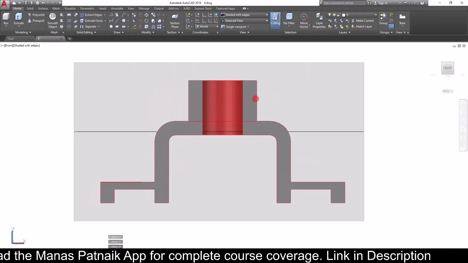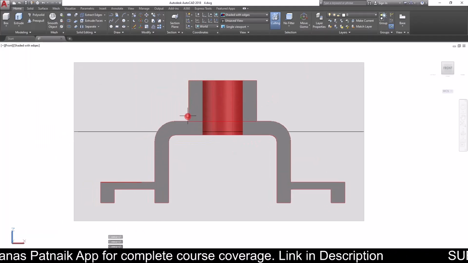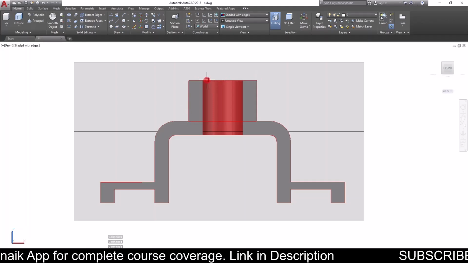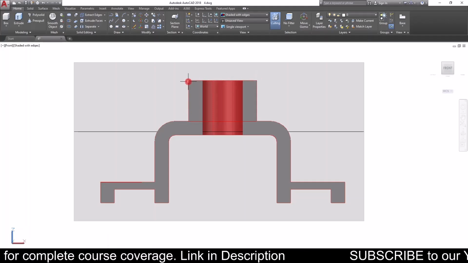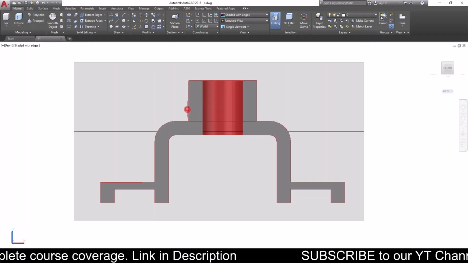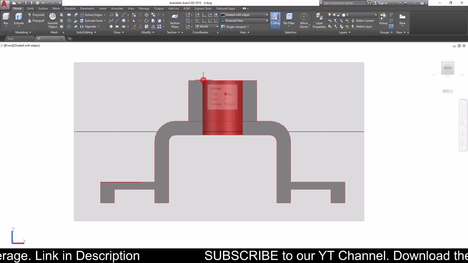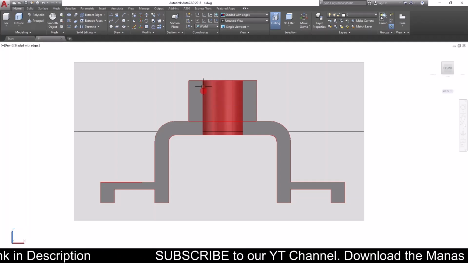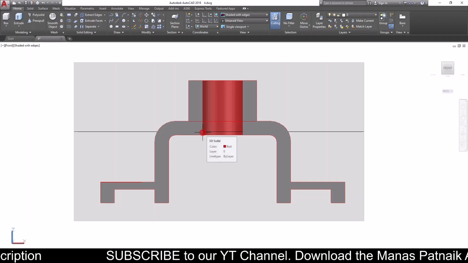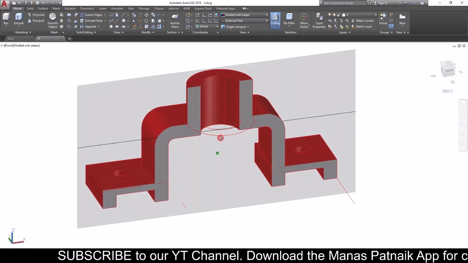Please have a careful look over here. Outer diameter 50, inner diameter 30. The depth with respect to the outer diameter is going to be 30, I guess. We will do it with complete dimensions, don't worry. And here the depth is 40.